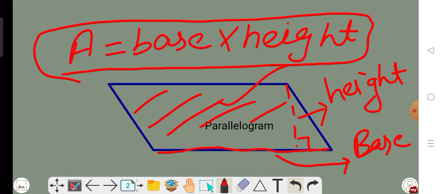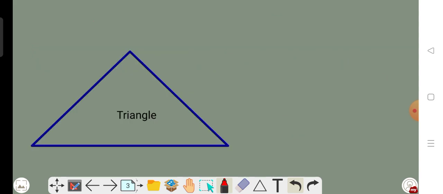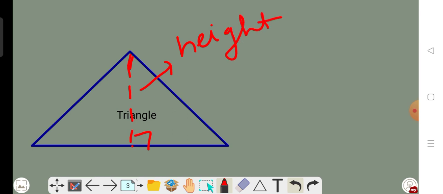Okay. Now the next shape is the triangle. Same as the parallelogram, in the case of a triangle, first of all we have to draw an altitude on any side of the triangle. In the same way, this altitude is the height of the triangle, and the side on which the altitude is drawn works as the base of the triangle.